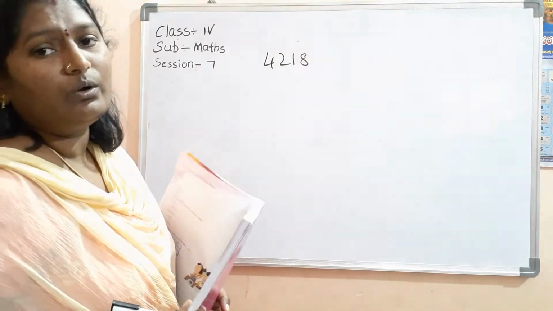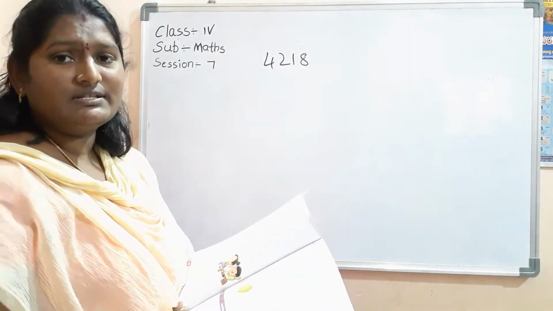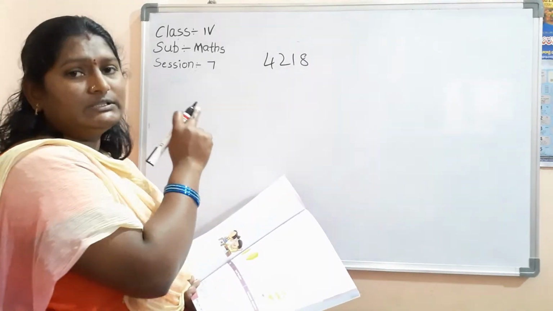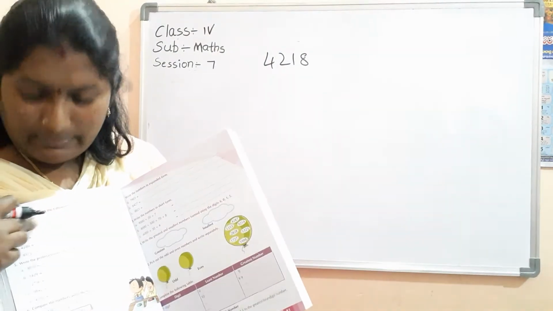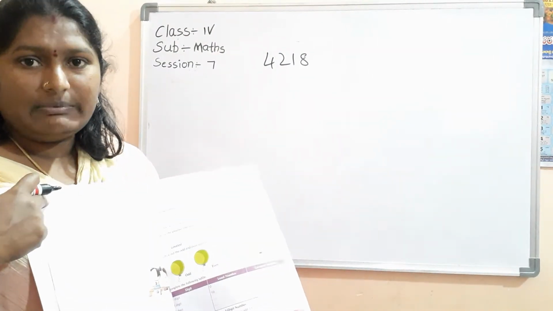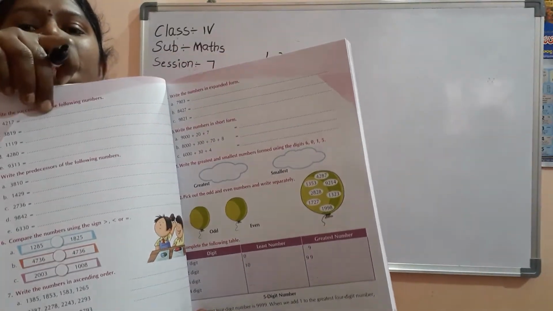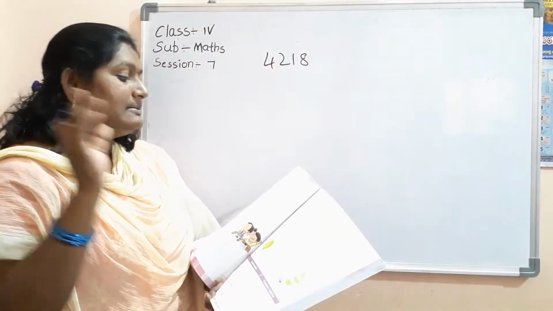Yes or no? 4217 successor means 4218. Right? Note this in the blanks. In the blanks only you have to write. See here, the first one you have to write in the first blank. Okay? Then B.